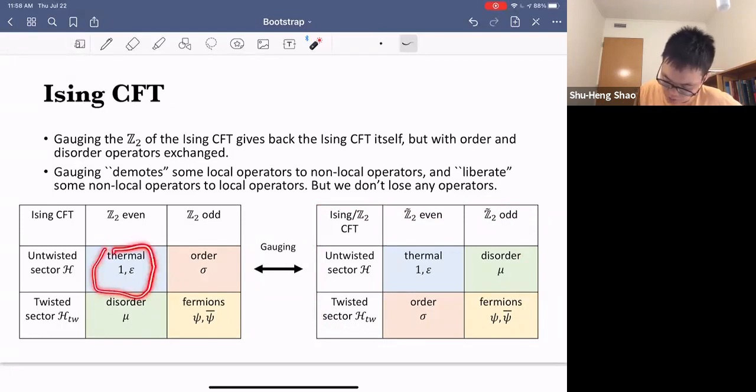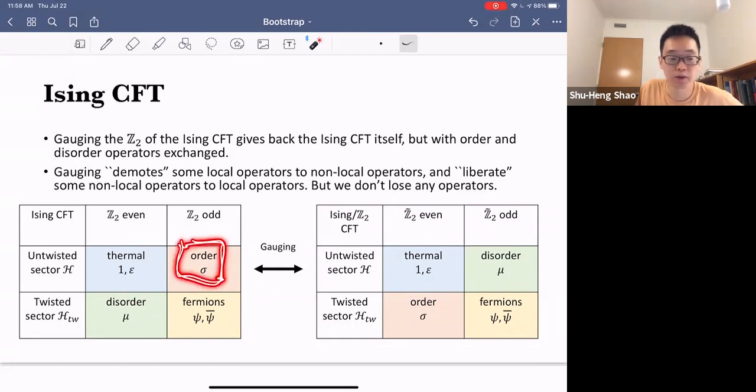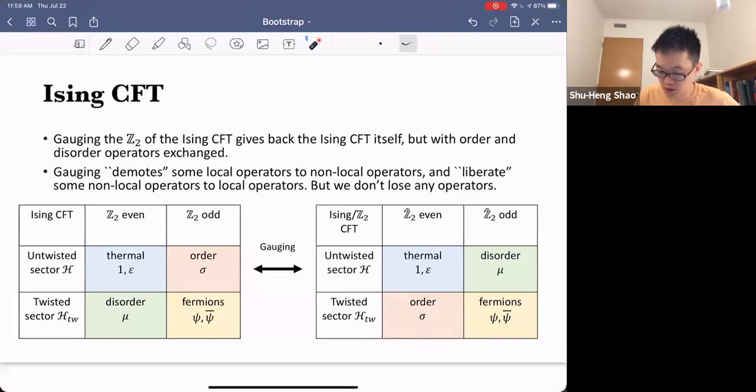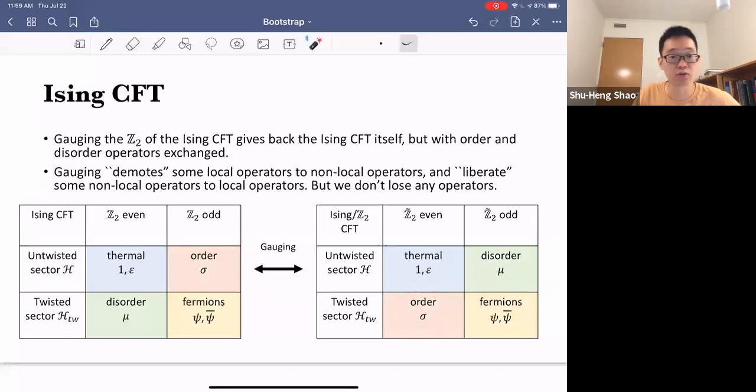The Z2 even local operators stay where they are. The Z2 odd operators are projected out. They used to be local operators, but after Z2 gauging, they got demoted. They used to be local operators with no strings attached, but now they're in the twisted sector. And what are the strings attached to them now? Well, they start as Z2 odd local operators, and you gauge the Z2. After you gauge, you have some Z2 Wilson line, and the Z2 odd operators now live at the end of the Z2 Wilson line.